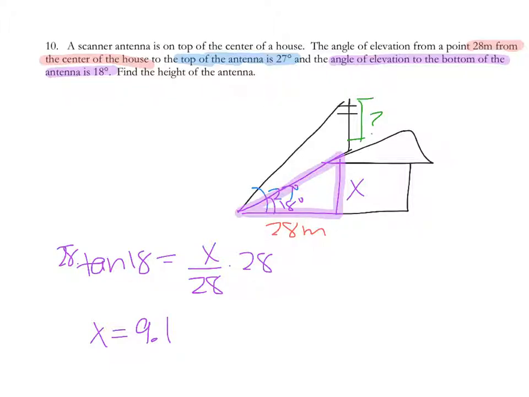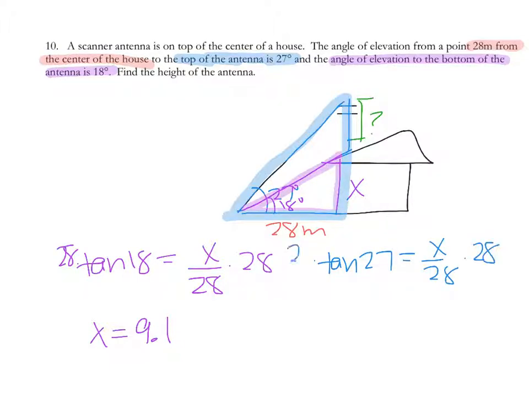And then if we look at the other right triangle in the picture, it's the bigger triangle here, the one with the 27 degrees. We're going to use that triangle. That's going to be tangent again, but now tangent 27 degrees is equal to x over 28, times 28 on both sides. You get x is equal to 14.3, and I guess I could have called that a different letter.